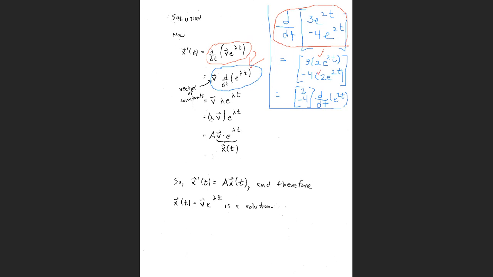But you could write this vector as the vector 3, negative 4 times the derivative of e to the 2t, which is what you have here. Does that make sense? Does this example help you see it? Maybe give me a few thumbs up if it helps.